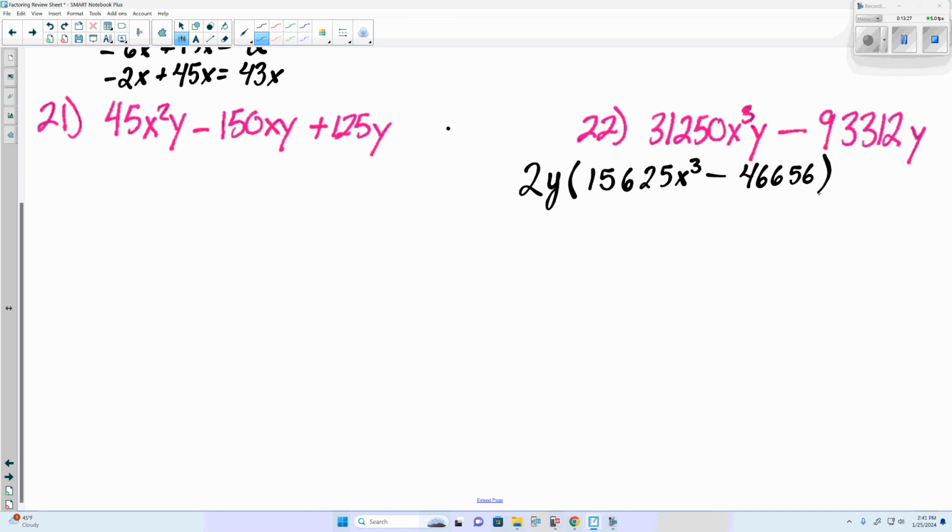And we could try taking the cubed root. Now, we've already taken the cubed root of 15,625x cubed. And we found that the cubed root of 15,625 is 25. And well, the cubed root of x to the third is just x, because the cubed root and the third power simplify out, giving us x. Now we will also need to take the cubed root of 46,656.